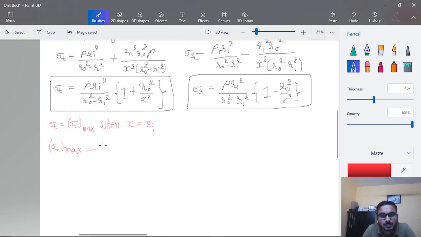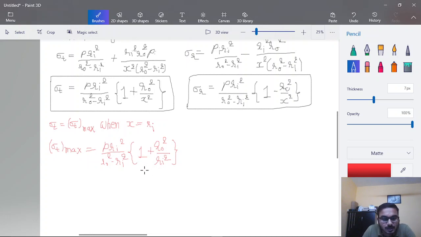is equal to P Ri square divided by Ro square minus Ri square into 1 plus Ro square upon Ri square. So we have simply replaced x with Ri.